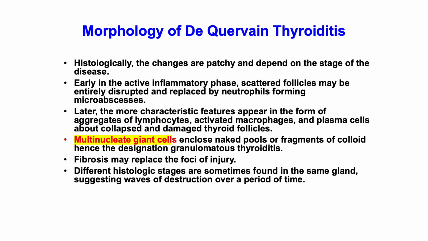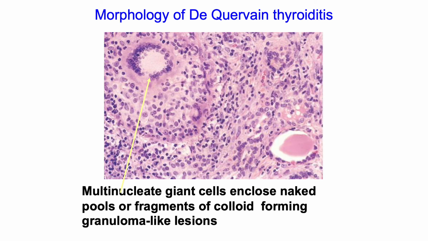So here you can see there is the presence of multinucleated giant cells, and along with these multinucleated giant cells, there are scattered epithelioid histiocytes. Usually there is no caseating necrosis, and at times neutrophilic infiltrates may also be seen infiltrating the parenchyma, but the predominant infiltrate in the later stages is these multinucleated giant cells, which are formed by the combining of many of the mononuclear cells.